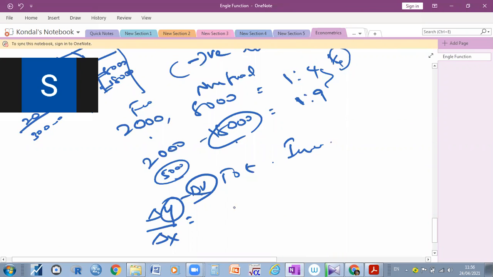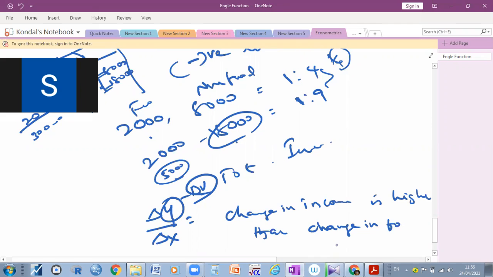So here it means a change in income is higher than the change in food expenditure. Or else, if you have any doubt, you can mention change in total expenditure instead of income.